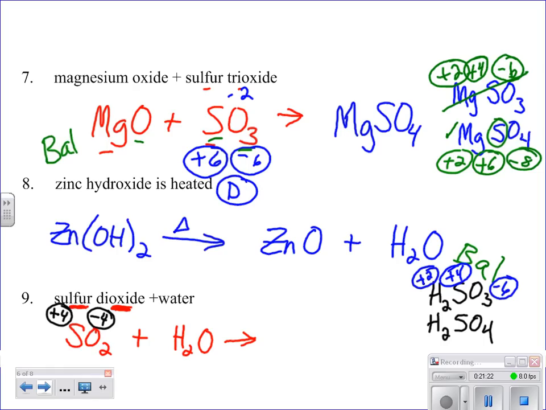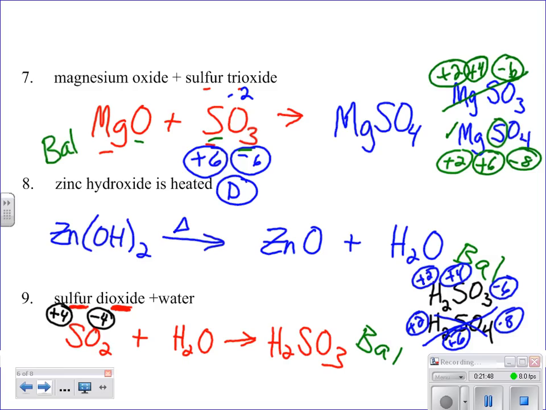But just to show you, in sulfuric acid, it would end up being a plus 2 and then a minus 8, meaning that this sulfur is going to be a plus 6. So that is not the case. It's going to be sulfurous acid instead. And so we see it's H2SO3, and it is balanced.